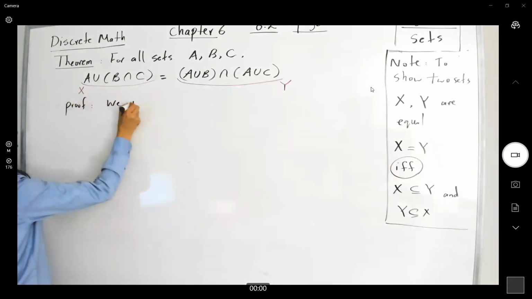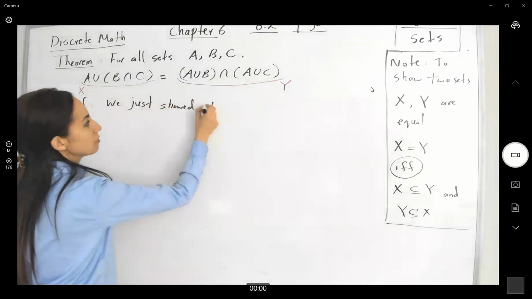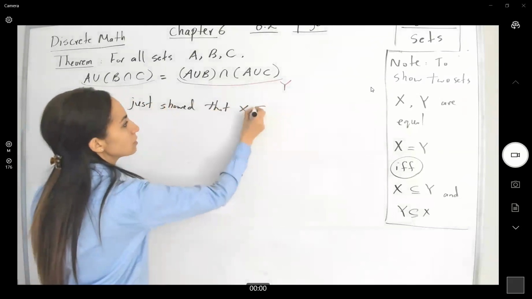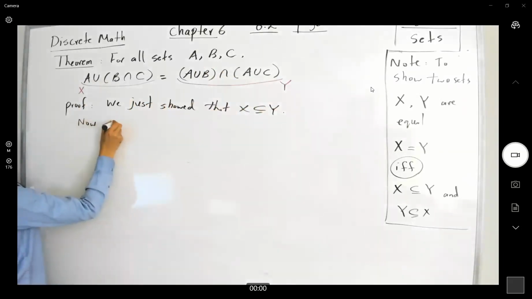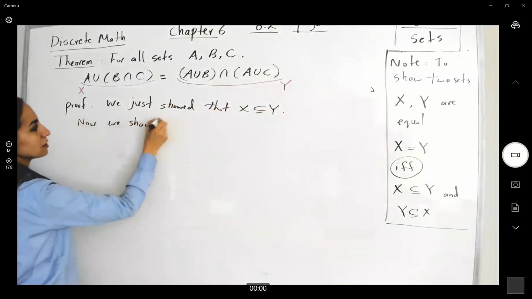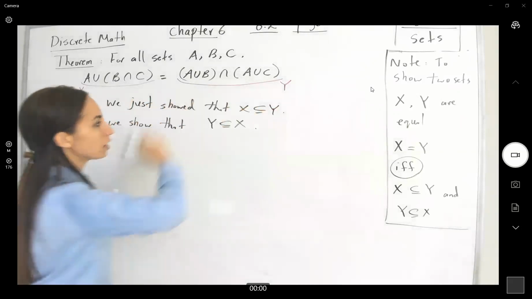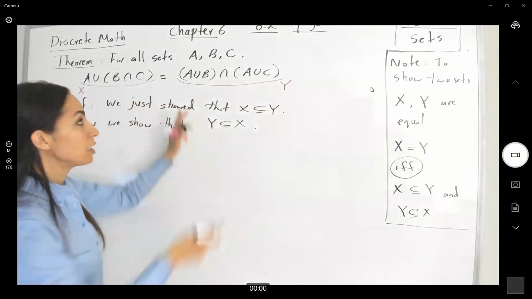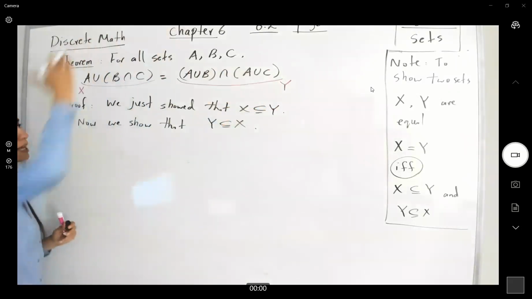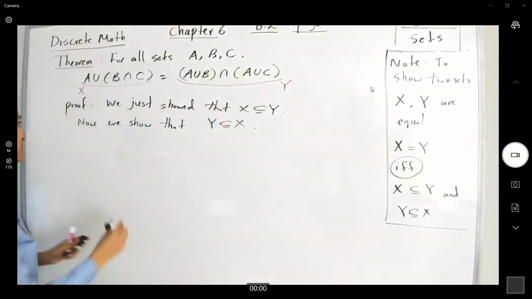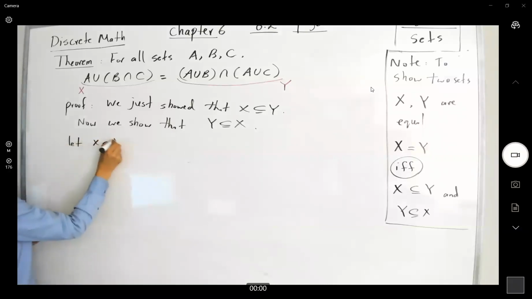We just showed that X is a subset of Y. Now we show that Y is a subset of X. What's the meaning of that? It means that we have to take a random element like x in Y and show that that element lands in X. So let x be in Y.